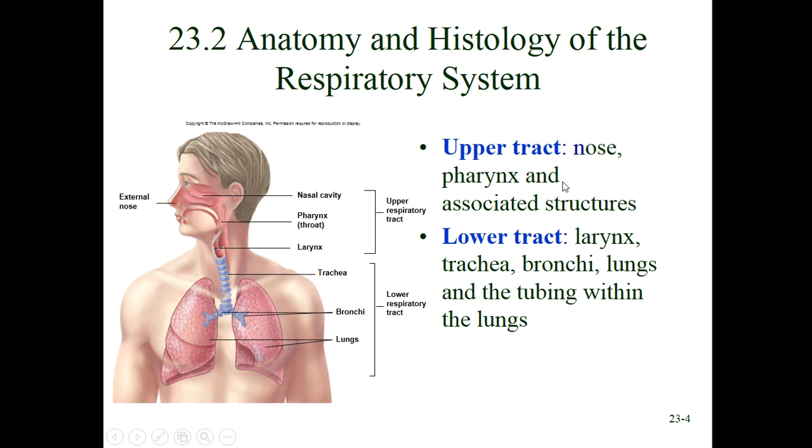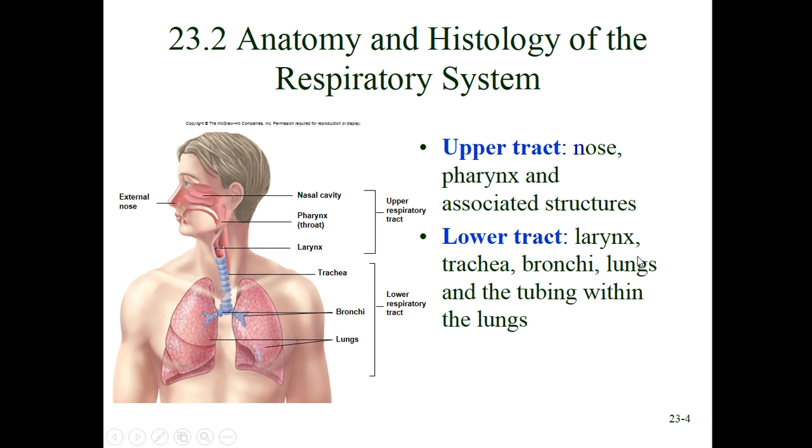So looking at this picture here, we see we have an upper respiratory tract and a lower respiratory tract. And really the dividing line is the opening between the vocal cords, the glottis. The glottis, which makes sense if you know this is called the epiglottis. The epiglottis is this flap of cartilage that comes down over the top of the trachea when we swallow. And it's called the epiglottis because it's above the opening, the glottis.